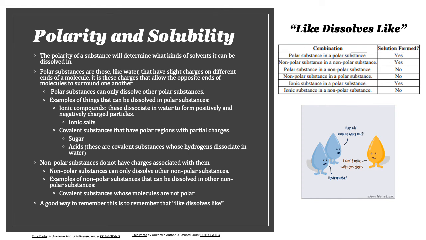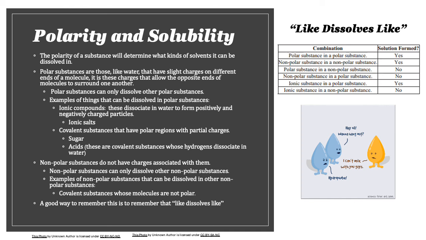However, they have hydrogens that dissociate when they are dissolved in water or added to water. And they form positively charged hydrogen ions. And depending on what type of acid it is, if it's hydrochloric acid, you'll have negatively charged chlorine ions. So although they're covalent, they still dissociate in water. So that's why those are listed there. We'll talk more about acids in the next unit.